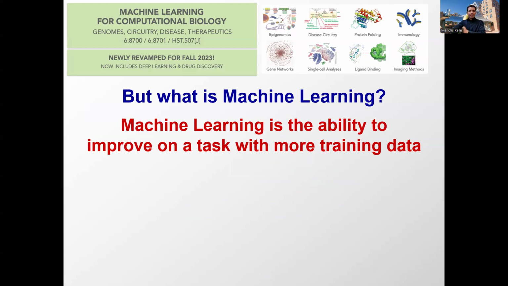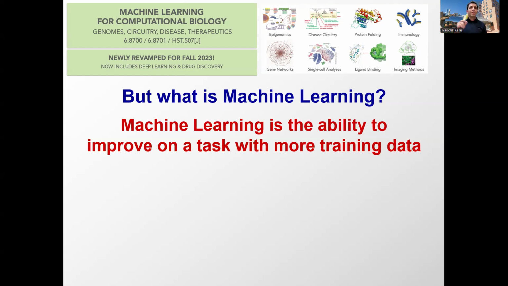Machine learning is the ability to improve on a task with more training data. Okay? A lot of people have been talking about AI since the 60s. They're like, oh, artificial intelligence. Artificial intelligence is not necessarily machine learning. Artificial intelligence could be, oh, I'm going to code in a bunch of cases and decisions that the machine is going to make so that it looks intelligent.